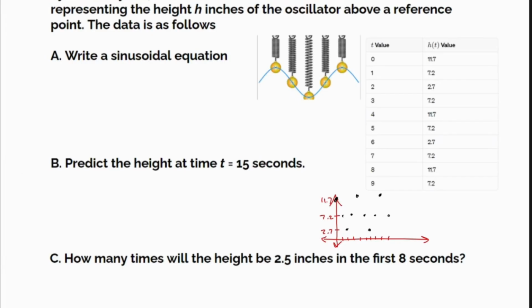So let's draw that. Very cosine-y, like I said it would be, because it starts from the top. Could have done a much better job drawing it out, but you know what?